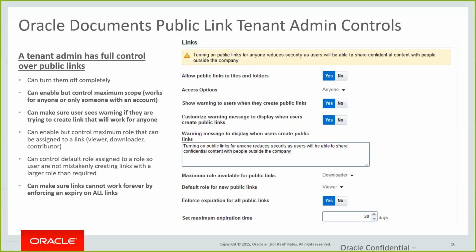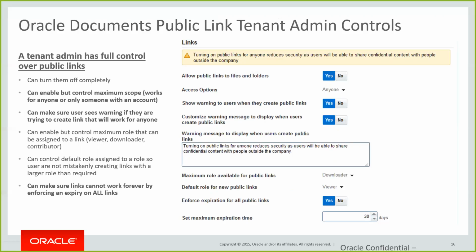Actually, they can turn off this feature, so users of the system can no longer create public links for files and folders. Also, they can control who can create those public links.